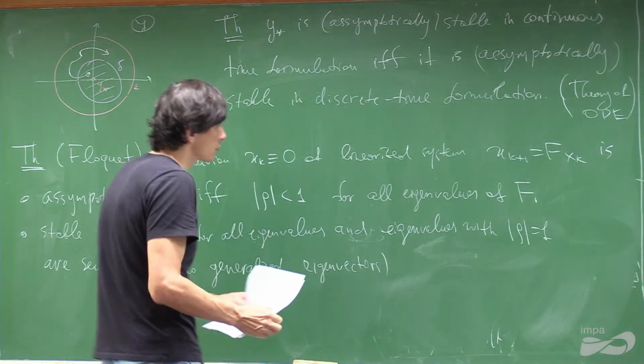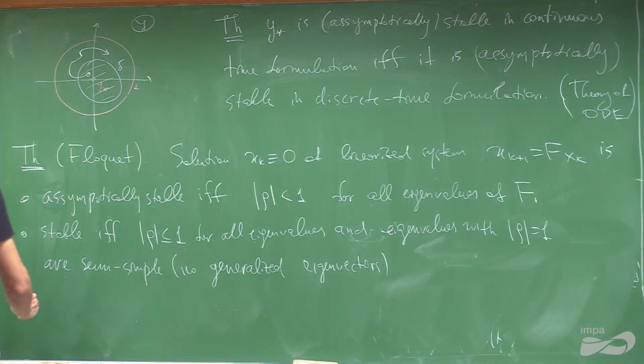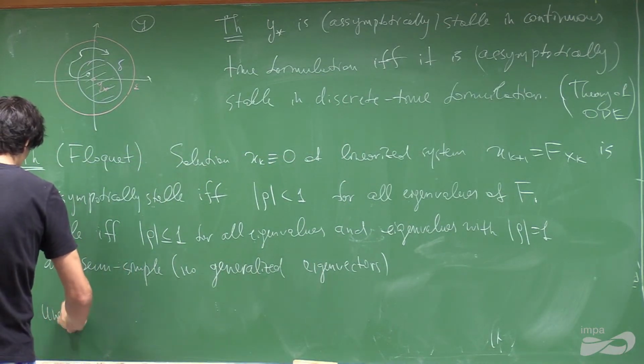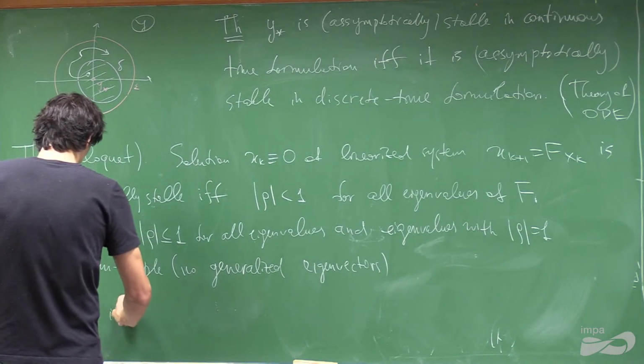Because generalized eigenvectors in this situation will give increasing solutions. And the third is unstable in the remaining case.